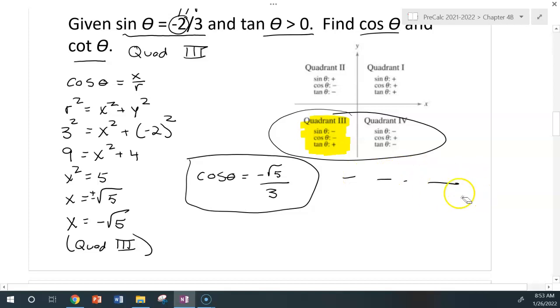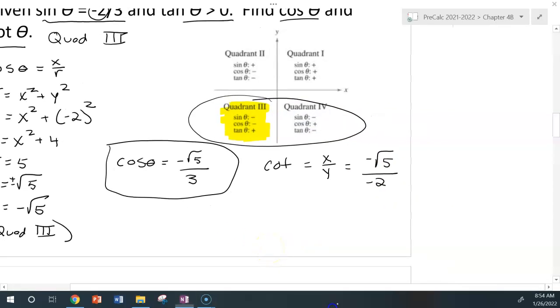Let's back up. Cotangent is the tangent flipped over. So instead of y over x, I'm going to do x over y. X is negative root 5, and y is negative 2. My negatives cancel, so my cotangent of theta is root 5 over 2.